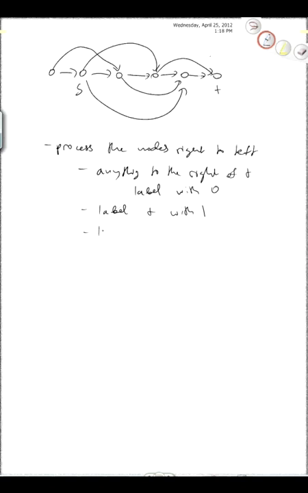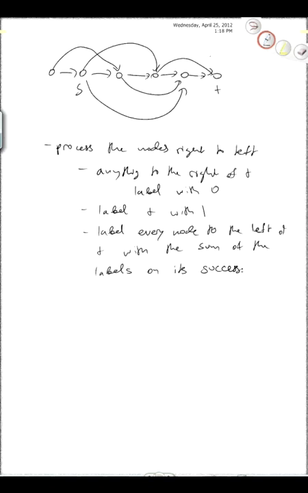And label every node to the left of T with the sum of the labels on its successors.